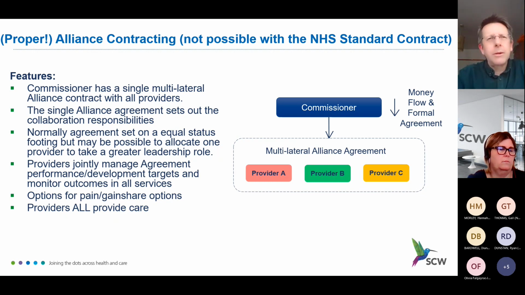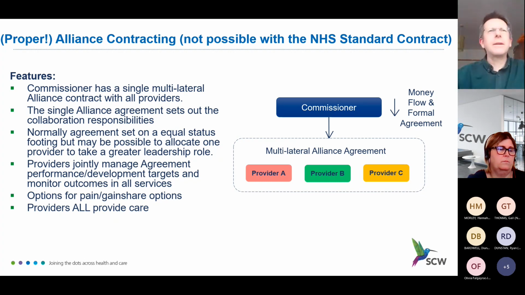So it's all the principles that we've talked about of understanding roles, responsibilities and obligations, delivering the contract, equal status, and all of these things stand, but the contract itself contractually binds them to the joint performance and the outcome and the output of that contract.